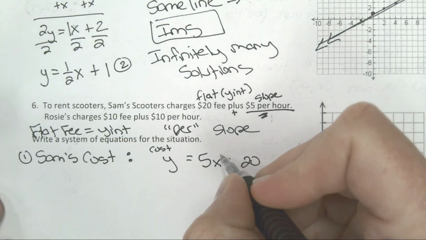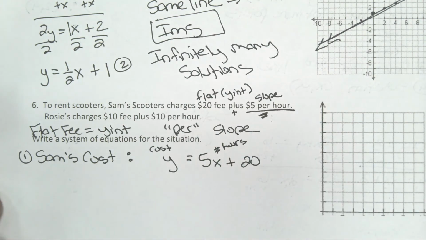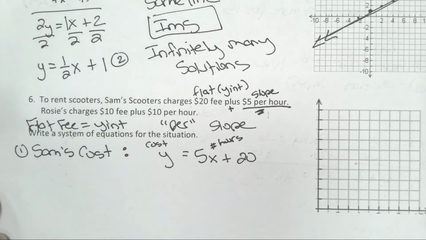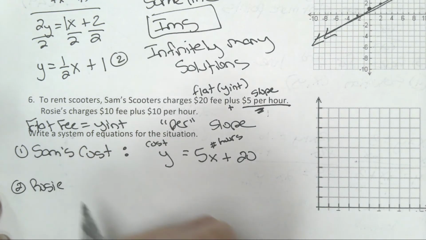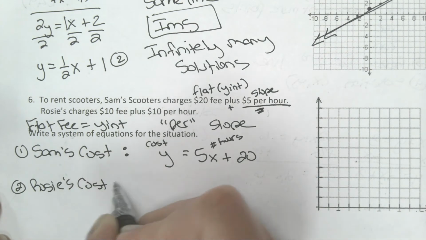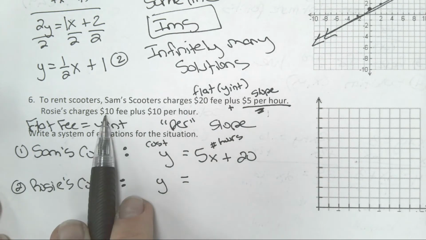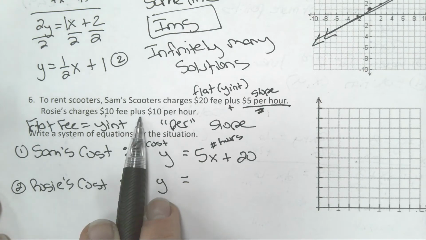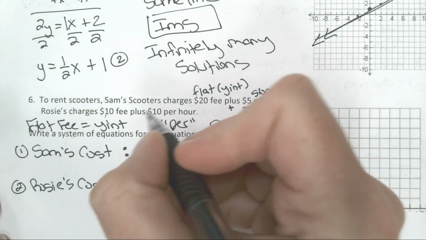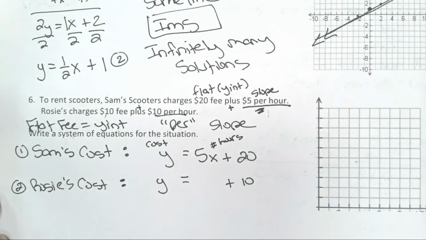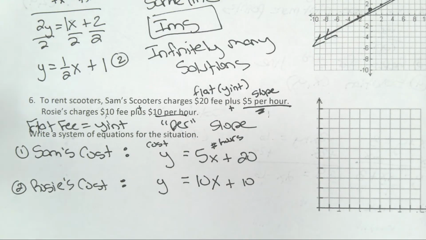And so your x is the number of hours that you end up renting the scooter. And then the other one is Rosie's cost. So her cost is a $10 fee. So that's my y-intercept, the $10 fee, plus $10 per hour. And that 10 is my slope.